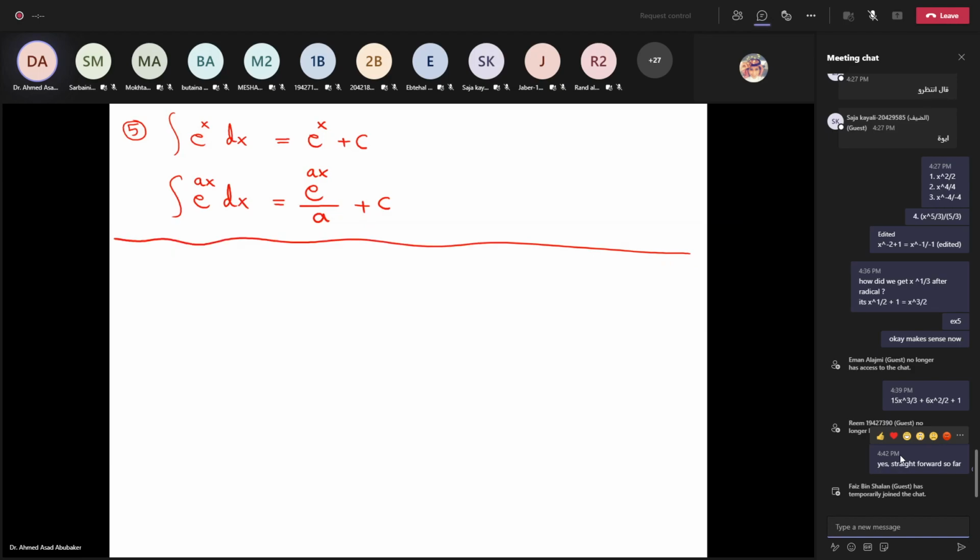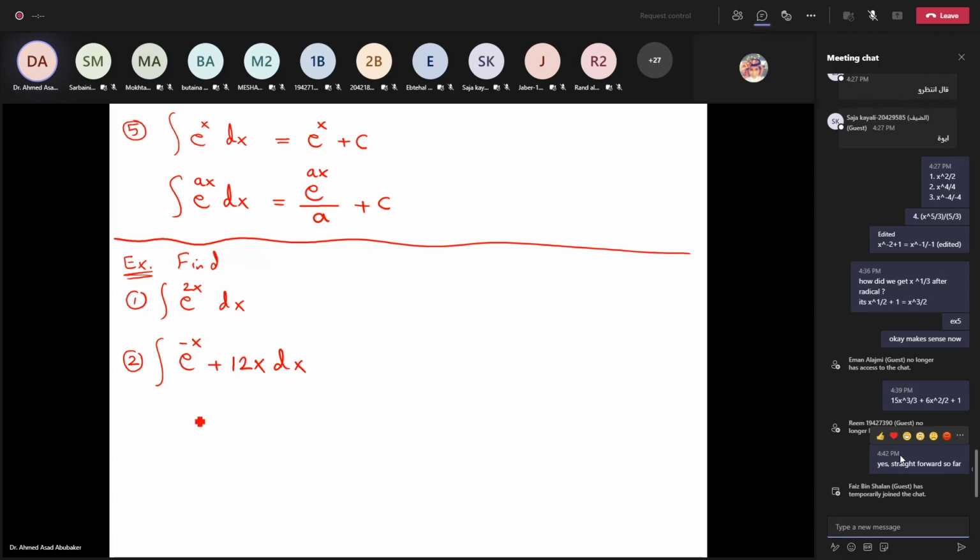Example about this rule. Find number 1, integral of e to the power 2x dx. Number 2, integral of e to the power negative x plus 12x dx.